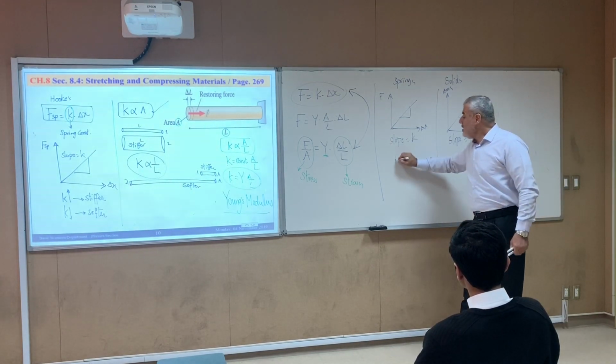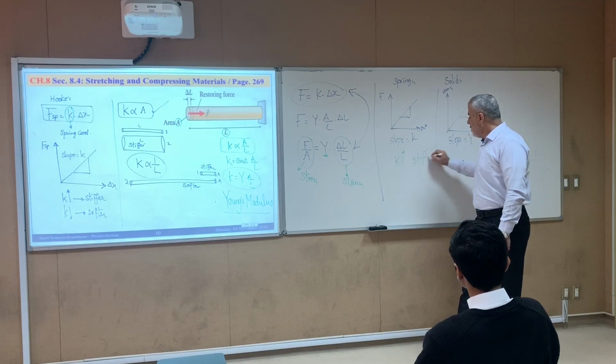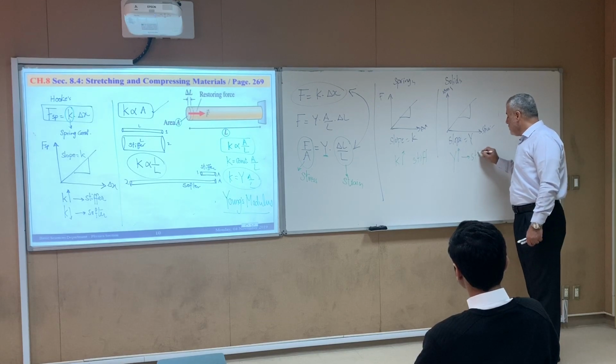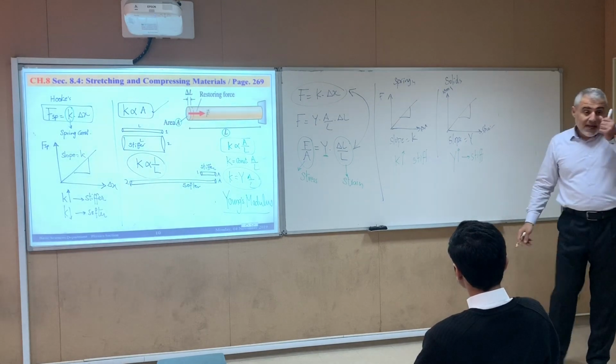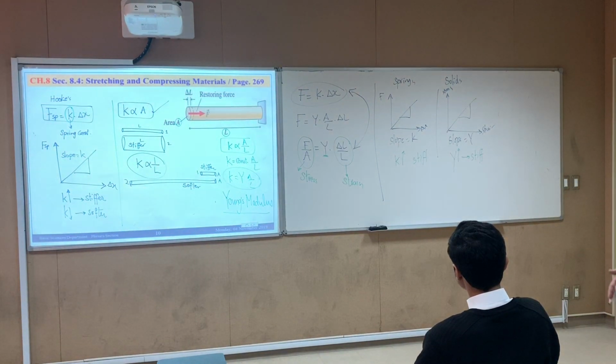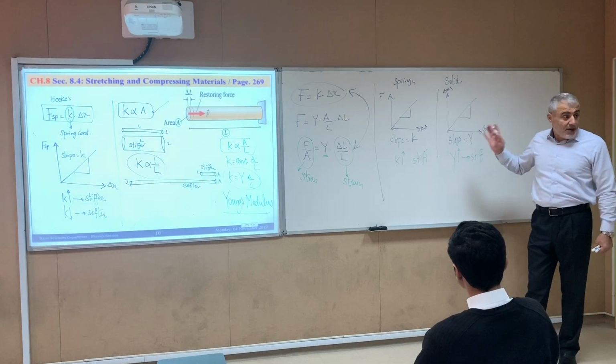Now, when K increases, it's stiff, right? Also, when Y increases, it also means it's stiff. How do you know the value of Y or K from the slope? Steeper slopes indicate stiffer solids.